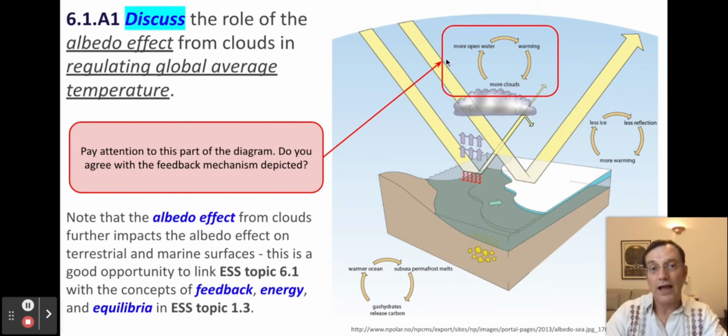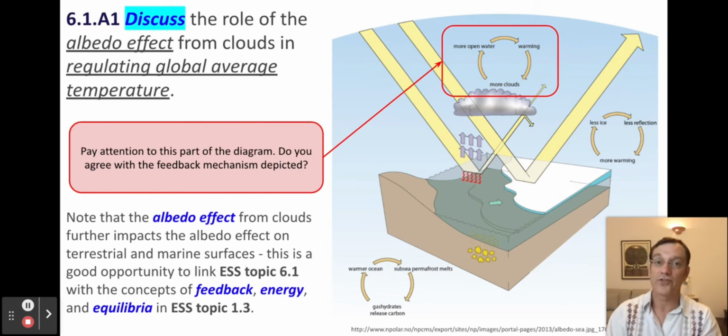But if you look at the clouds here, this is a bit different. Right? Clouds also reflect sunlight. If you have a lot of clouds, you have quite a bit of albedo, a lot of sunlight is reflected. That tends to cool things off. With cooler temperatures, there's less evaporation, and with less evaporation, there's less water in the atmosphere to form clouds.